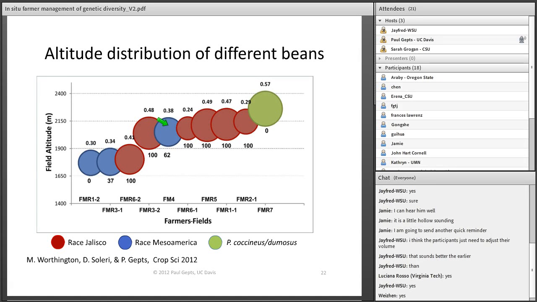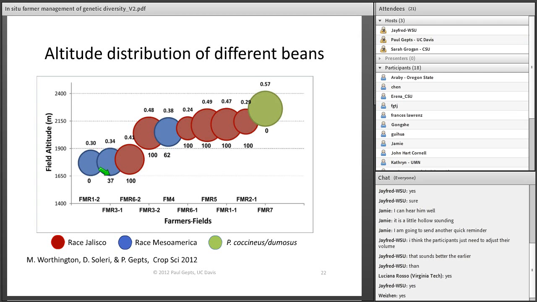These are the results of that structure analysis. You can start with k equals 2, then 3, 4, and so on. And the result of k equals 2 is that you separate the red, which is Phaseolus vulgaris, from the green, which is Phaseolus coccineus and Phaseolus dumosus.